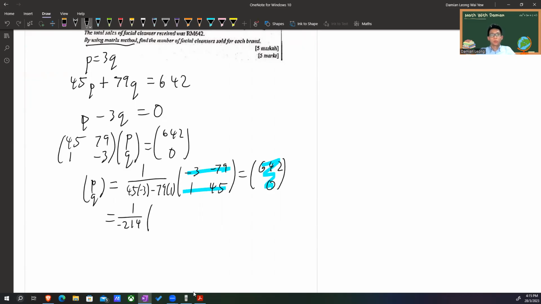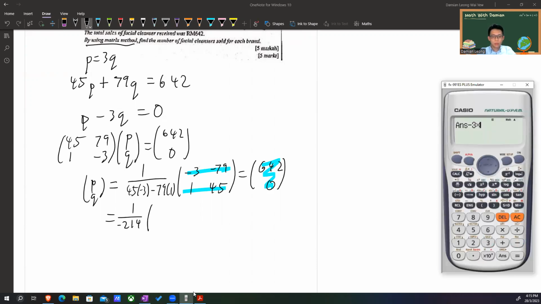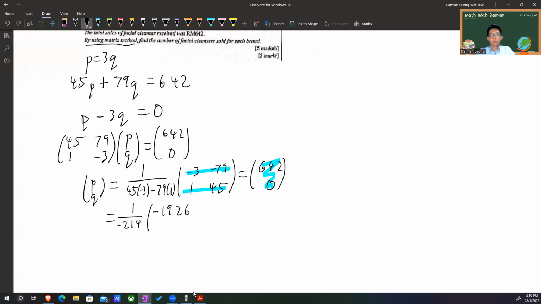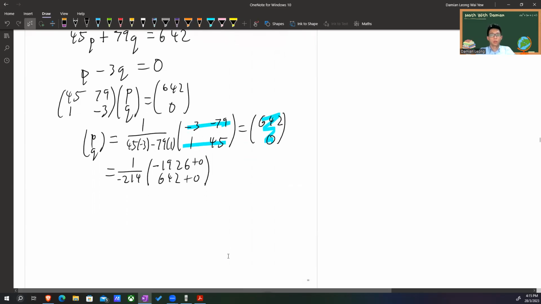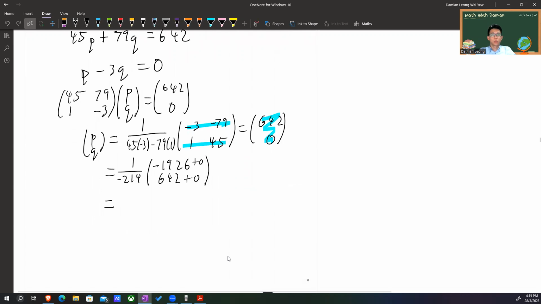So first number times first number, negative 3 times 642. Negative 1926. Then this one times 0 plus 0. 1 times 642. Then this times 0. So plus 0 doesn't matter, so I just times in.